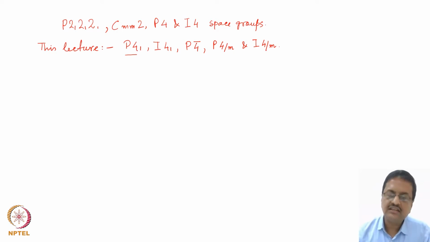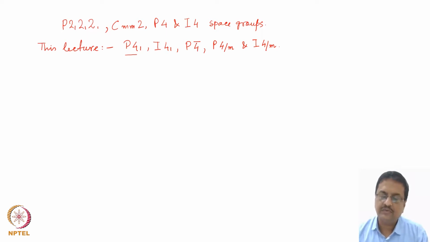As we can see, this is P41, which indicates that it is a tetragonal space group because it has a 4-fold symmetry, and a 4-1 screw is possible in a tetragonal system. So we should consider this 4-1 to be parallel to the z-axis, and the projection should be done in the AB plane or the XY plane.